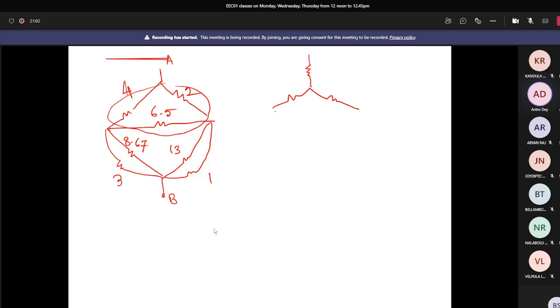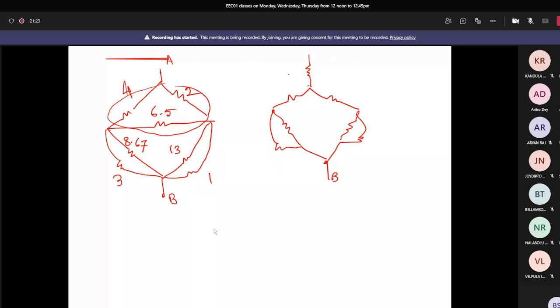Then we have simply two resistances in parallel, which are again in series with this. So we'll do it. What was the thing? 4, 4, 2, and 1.